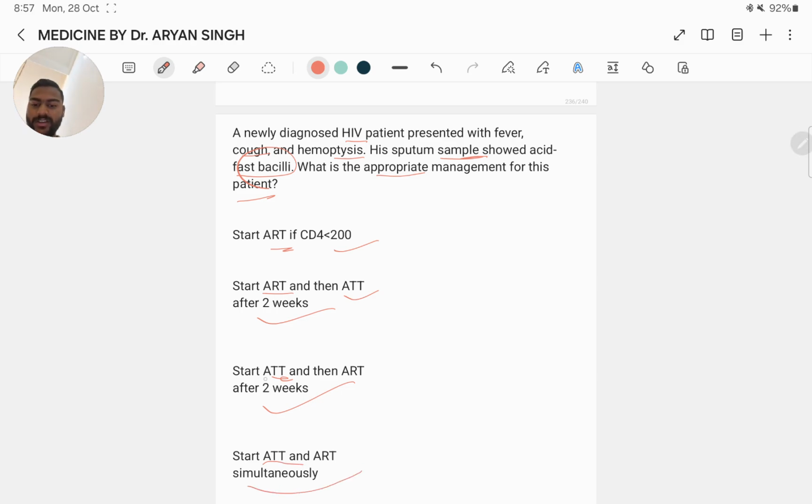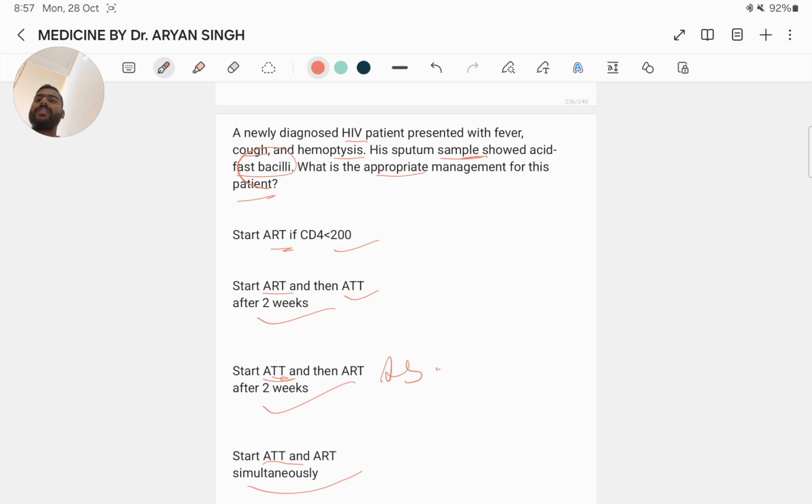Here the best answer is to start ATT and then ART after 2 weeks. In an HIV patient with TB, start antitubercular therapy, ATT, first and then start antiretroviral therapy, ART, as soon as ATT is tolerated, between 2 weeks and 2 months. This is done to avoid immune reconstitution inflammatory syndrome, IRIS.